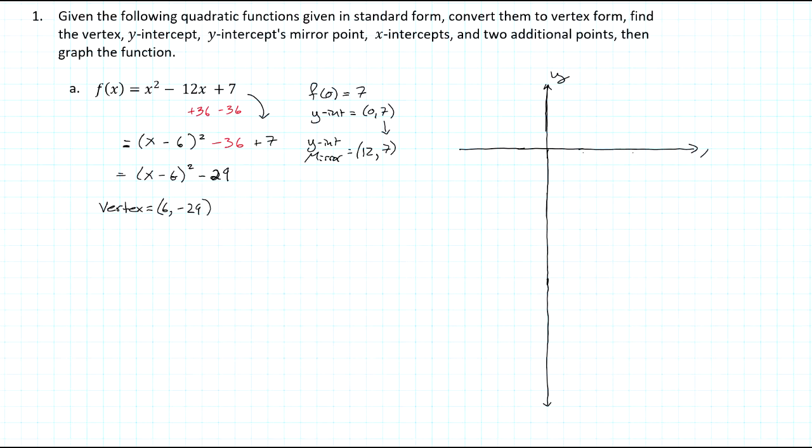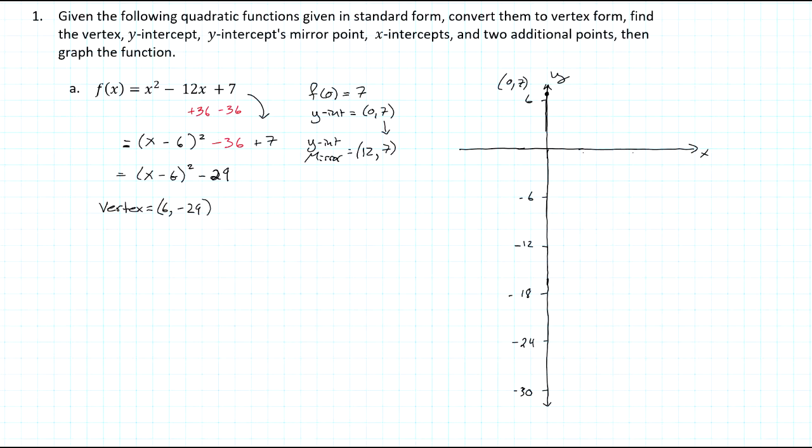So y-axis, x-axis. If this is 6 here, negative 6, and negative 12, negative 18, negative 24, negative 30. Yeah, just enough space there. So each of the grid lines is worth 2. The y-intercept of 0, 7 is all the way up here, 0, 7.